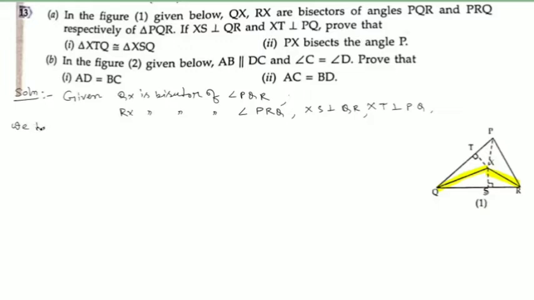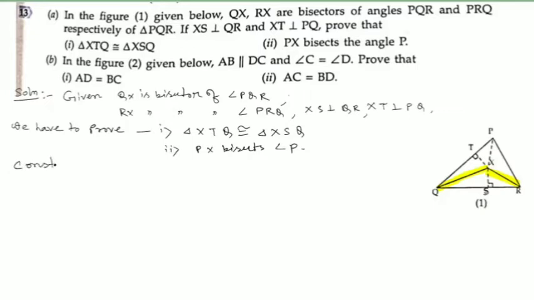We have to prove number 1, triangle XTQ congruent to triangle XSQ, and number 2, PX bisects angle P. For that purpose I will make a construction.